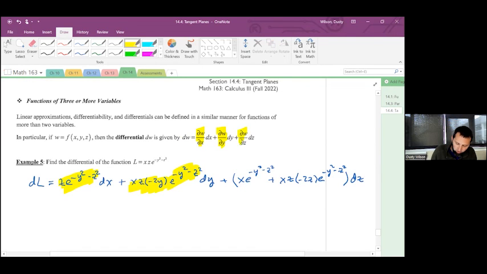And the partial of w with respect to z, that's this whole product rule mess. And then we multiply by the independent differentials, the dx, the dy, and the dz. Altogether, this would give you dw, or in our case, dL, the total differential.